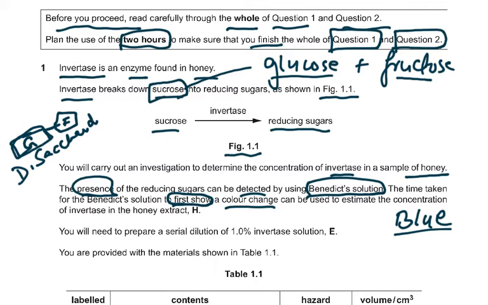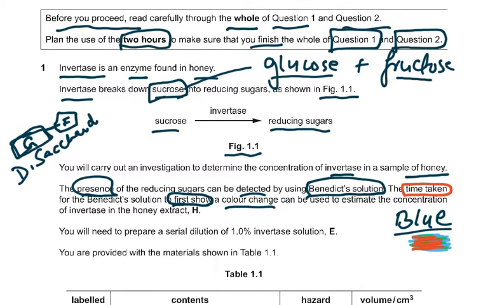so it is a very lightish blue, and whatever color it changes to, whether it changes to a green, whether it changes to a red, that is the first color change which you have to note down. So you have to note down the time taken for the first color change.